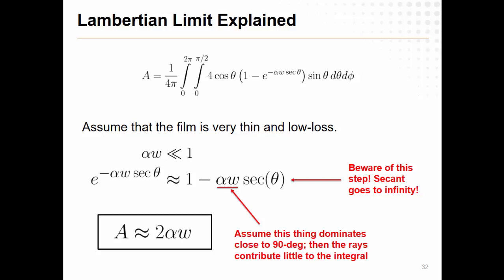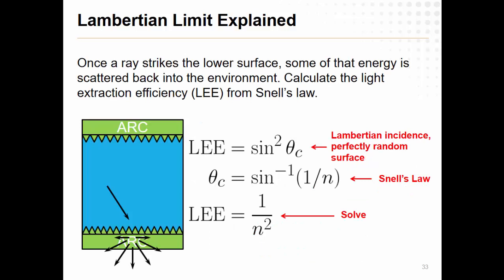A small absorption coefficient over a small distance means a small number. So you do a little Taylor series approximation here, and you wave your hands at the math a little bit, and all of a sudden you get a nice approximate answer to that integral. Or you could just do it in a numerical calculation too, but we want to do a very idealized approximation. So you actually get a very simple 2 alpha W for that first pass.